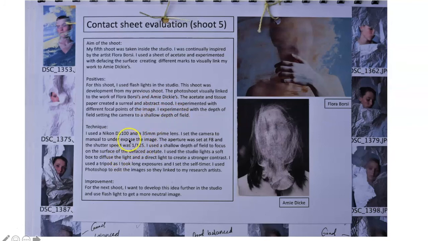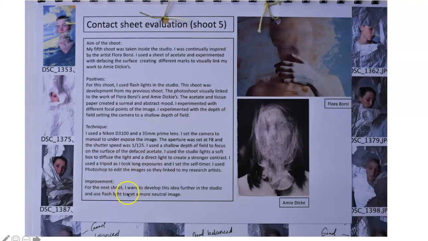She talked about the camera she's used, the lens, and she's also made sure she's included the aperture setting and the shutter speed. And she's also talked about the lighting that she's used and the effects of that with the direct light and the diffuse light. So, and then emphasising she's used a tripod to take the long exposures.